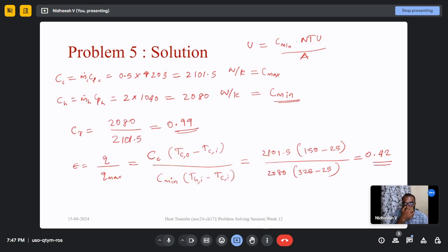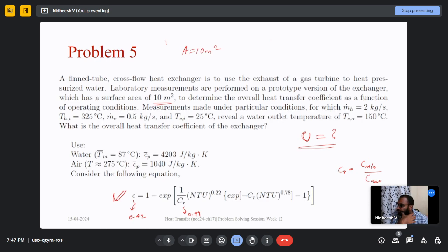Take some time to go through. Sir, can we get that NTU value very easily? It seems to be a very lengthy, complicated equation. Is it required trial and error method or something else? Can we get a simplified equation for NTU here? Let me see if I can solve it with simple calculations.